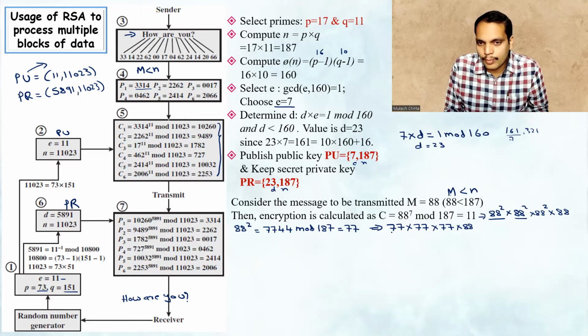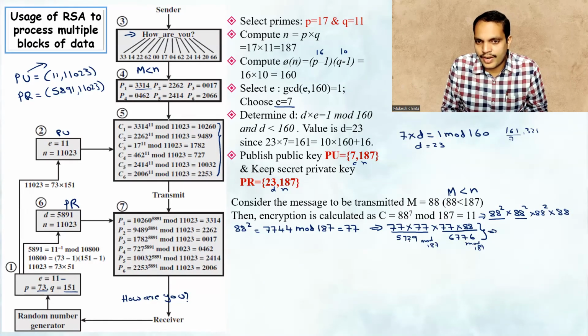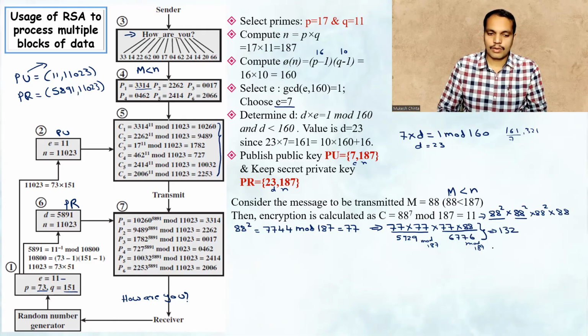Now to make it simple, I'm going to break it into two pieces again. First, I'm going to calculate this, which is 5929, and this gives me 6776. If I subject this mod 187 and this mod 187, 5929 mod 187 gives me 132 and 6776 mod 187 gives me 44.